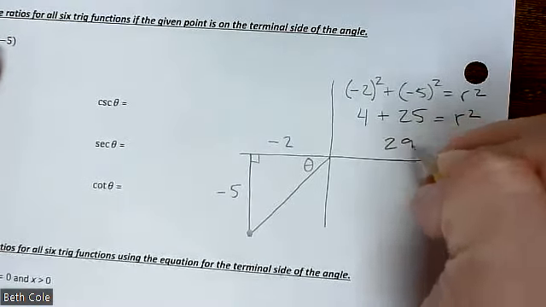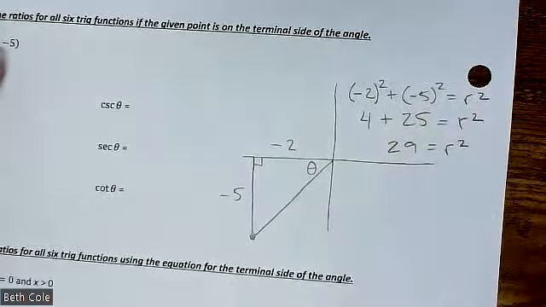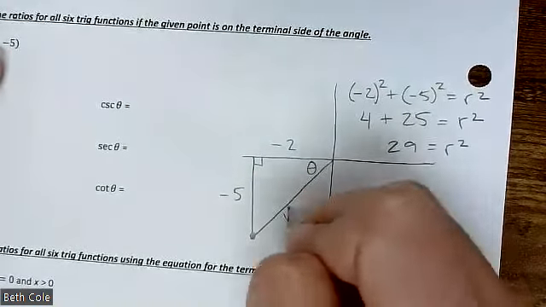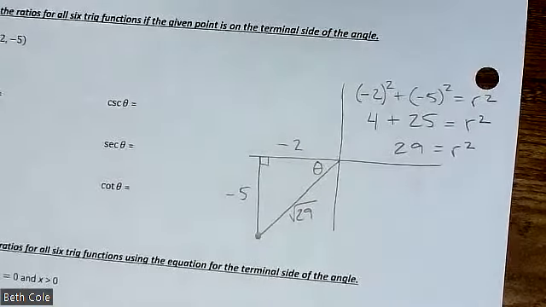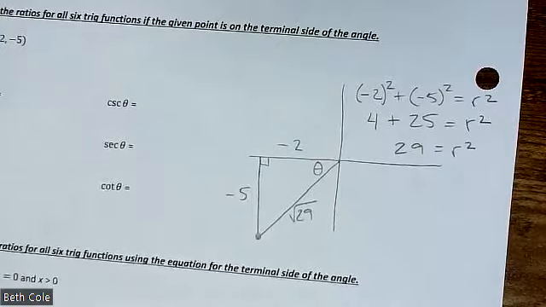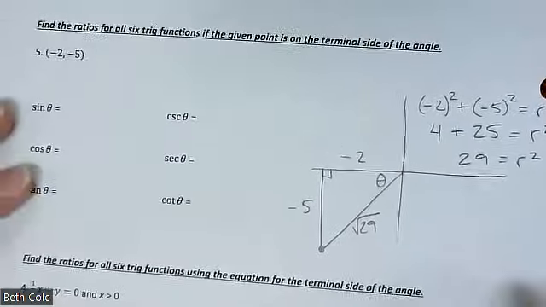So that's 29. And then square root 29. I mean, that's just what it comes out to. You can't split 29. If you got something like square root of 24, you could split that. What would that split into? Yeah, 2 square root of 6, you'd have to split it up. But 29 does not split, so you just leave it.